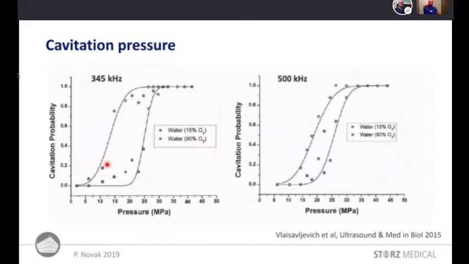That means that here, of course, there is no more hard or transient cavitation taking place, but stable cavitation. Stable cavitation happens, for example, when you shake a mineral water bottle and open it, and the water comes out with a lot of bubbles. That is stable or soft cavitation.